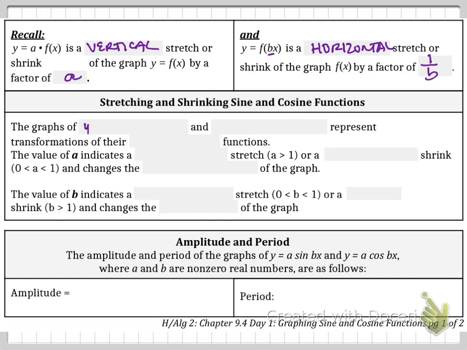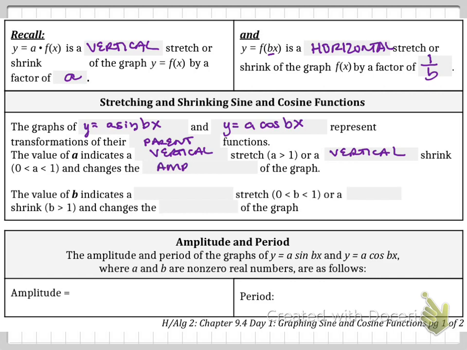So, stretching and shrinking sine and cosine functions. The graphs of y equals a times sine of b times x and y equals a times cosine of b times x represent transformations of their parent functions. The value of a indicates a vertical stretch if a is greater than 1, or a vertical shrink if a is between 0 and 1, and it changes the amplitude of the graph.